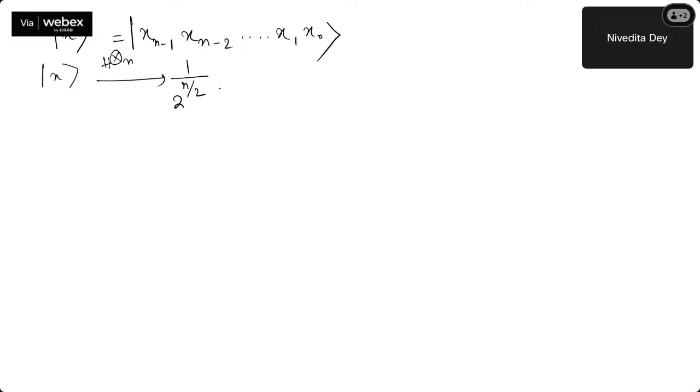Now say I can write my x as xn minus 1, xn minus 2, likewise x1, x0, which are just binary values. And ket x on Hadamard, that is n times Hadamard, will give me 1 by 2 to the power n by 2, or root over 2 to the power n, whatever you write, into the sigma kn minus 1 equals 0 to 1, then kn minus 2 equals 0 to 1, likewise k1 equals 0 to 1, and then k0 equals 0 to 1.